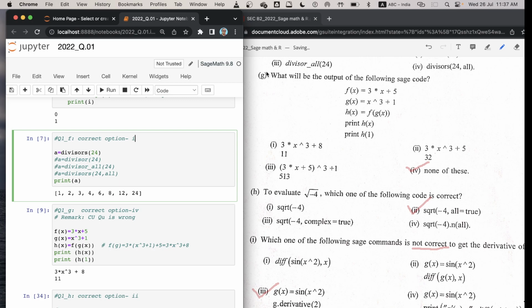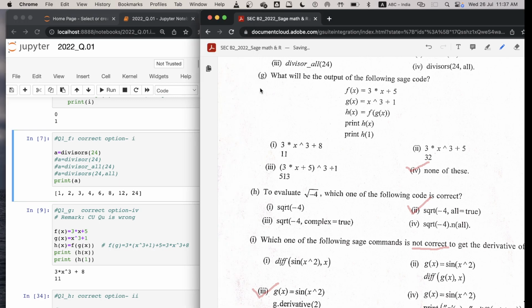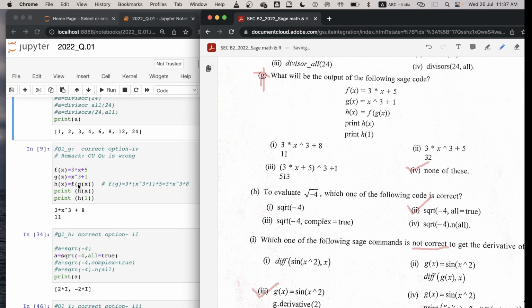This question is also a wrong question, because here print h(x) and h(1) are within parentheses. The correct answer: print h(x) gives 3x cube plus 8, and print h(1) gives the output 11.